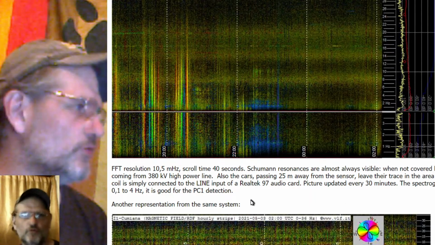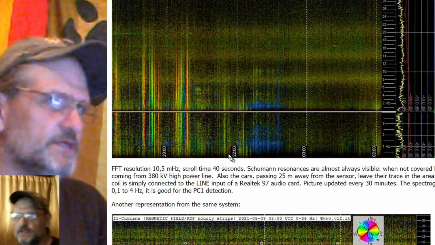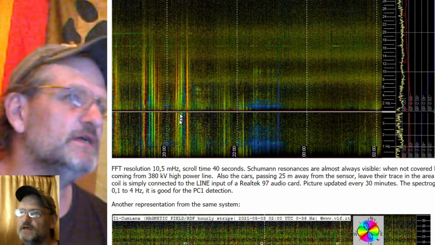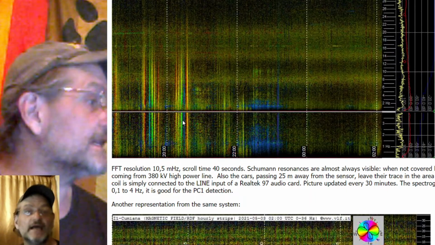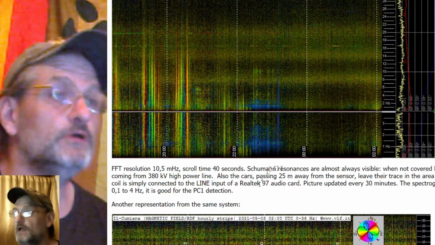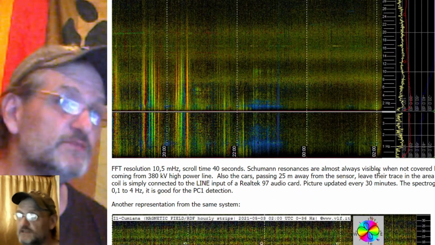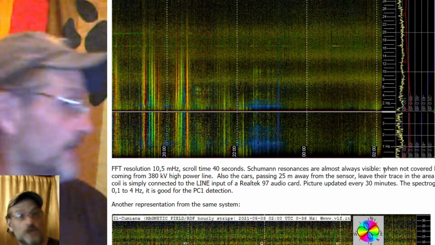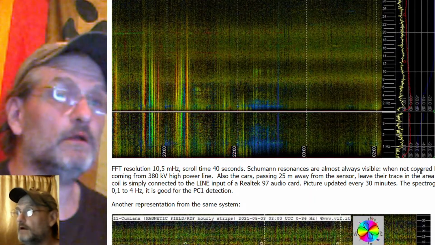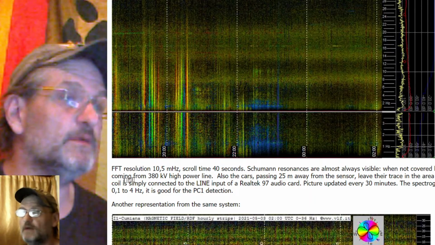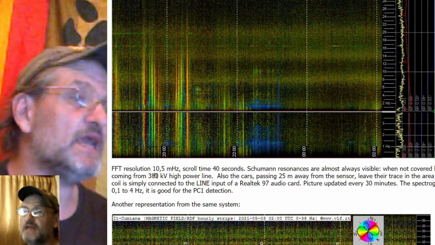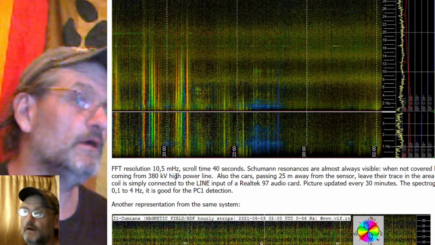It's moving through at 40-second intervals. Each one of these sections represents 40 seconds. That's another way to put it. Schumann resonances are not always visible. Okay. When not covered by local noise coming from a 380 kilovolt high power line.